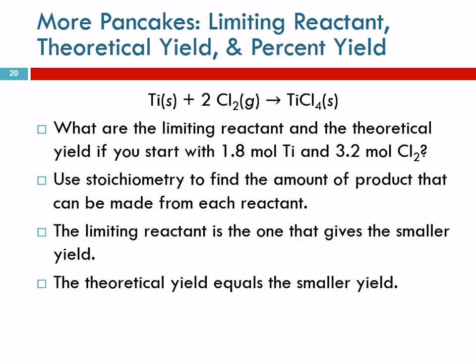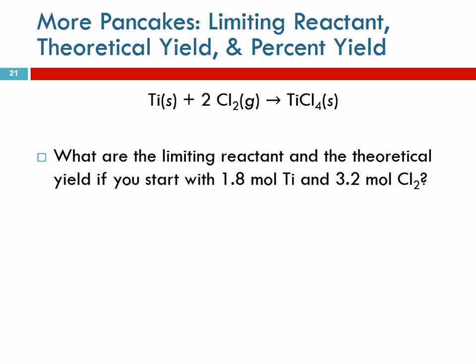That's what we did with the pancakes. The limiting reactant is the one that gives us the smaller amount of product. And that smaller amount of product is the theoretical yield. Okay? So let's get rid of all those extra words and just get to the problem here.